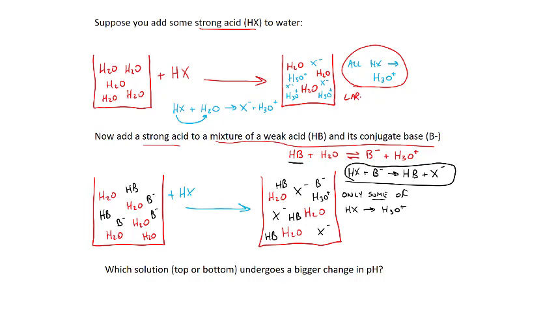So we have a large increase in our H3O plus concentration, whereas down here only some of it did, so we have a smaller increase in H3O plus. And this means that when we add our acid to plain water, we have a larger change in pH than we do if we have a conjugate acid-base pair.